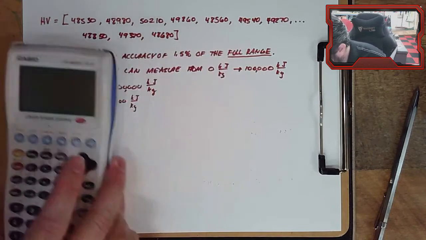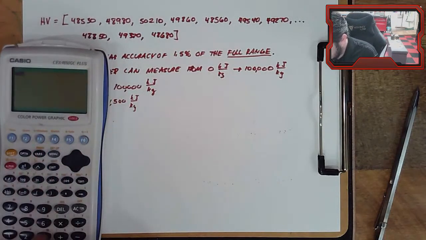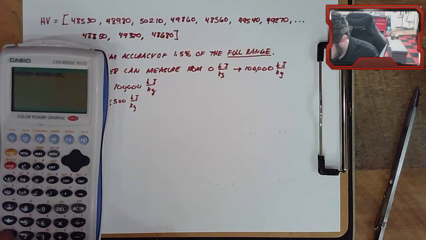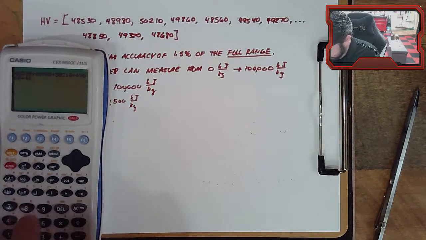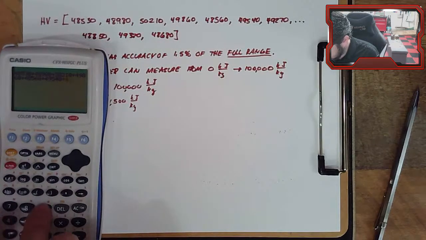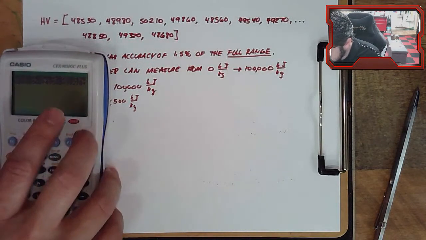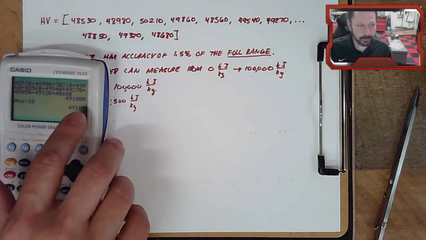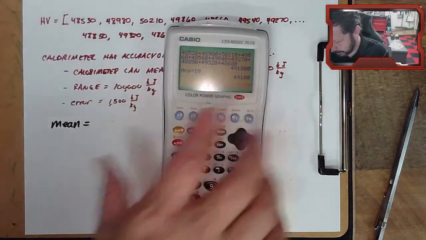Let's see: 48,530 plus 48,980 plus 50,210 plus 49,860 plus 48,560 plus 49,540 plus 49,270 plus 48,850 plus 49,320 plus 48,680, divided by 10. Our mean is 49,180. That actually is the mean, so we did it right.